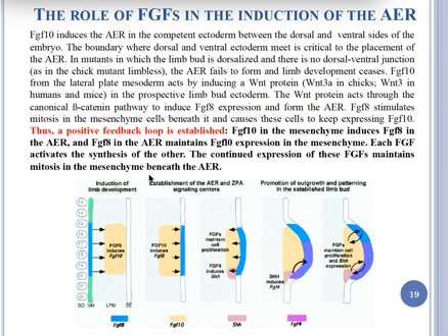So FGF10 usually, as we mentioned before, is released by the lateral plate mesoderm. Okay, and it acts by inducing Wnt protein to activate beta-catenin here in the ectoderm. So for example, we have Wnt3a in chicken and Wnt3 in humans and mice.